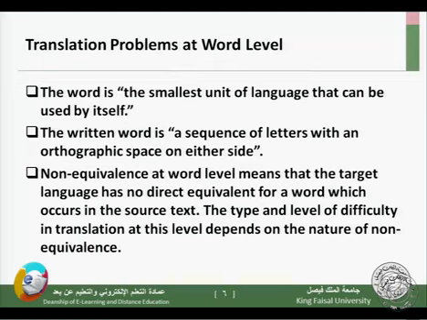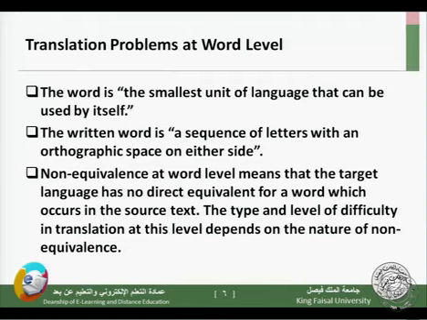We don't have pigs here, alhamdulillah, because they don't exist. So this is an example of non-direct equivalence. All right? So this is very important to understand what we mean by non-equivalence at word level.